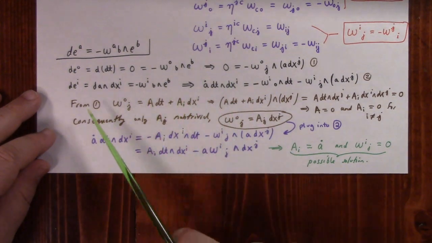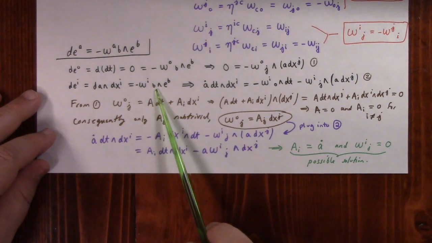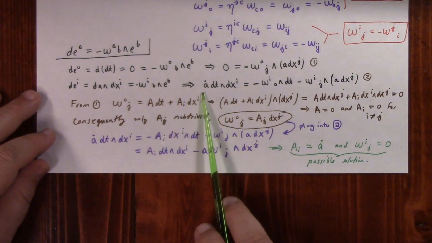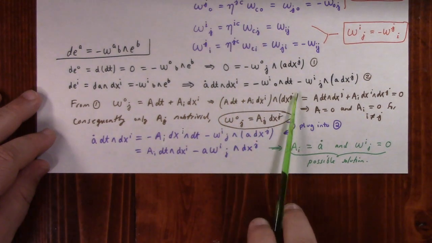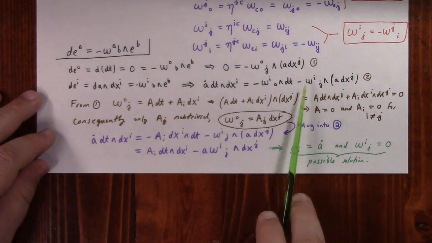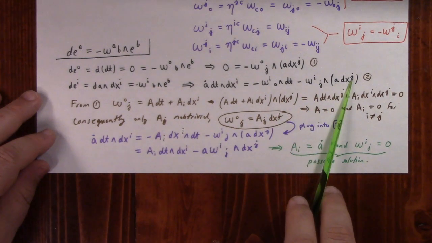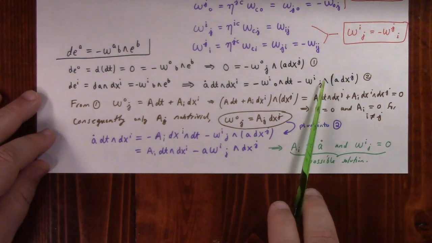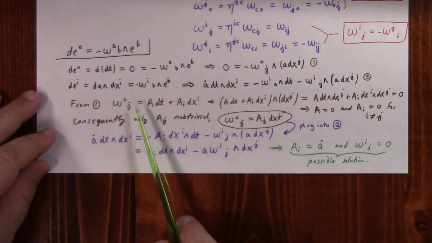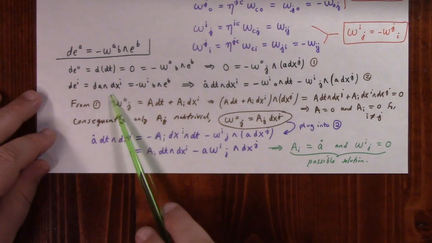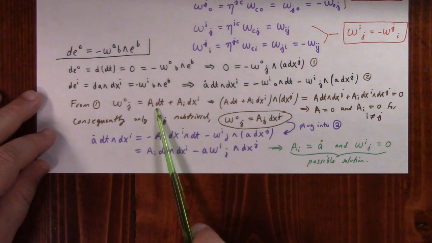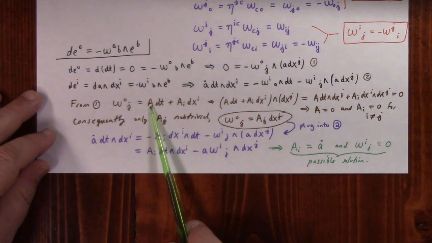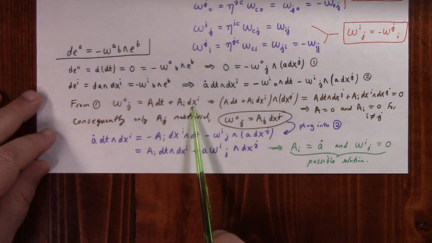On the other hand, dE^i is this, so we have to have the time derivative of a times dt wedge dx^i equal to this mess: omega^i_0 wedge dt minus omega^i_j wedge a dx^j. This is sometimes productive: let the connection form be a general form. A general form in spacetime, in the current formalism, has a dt part and a spatial part, right?